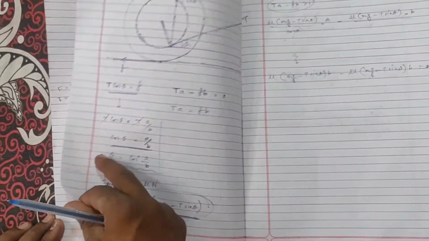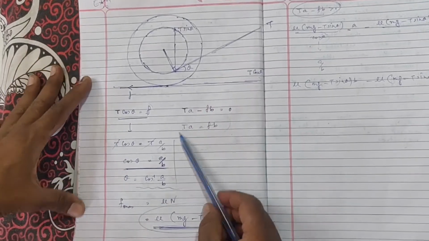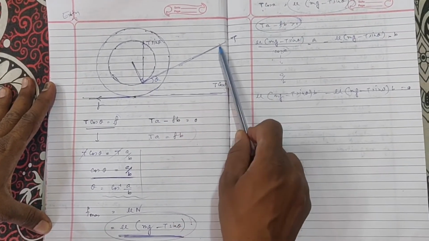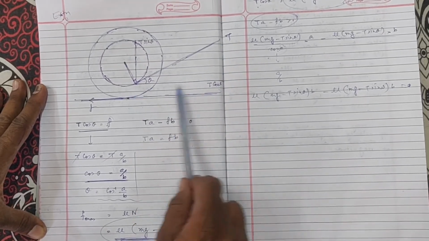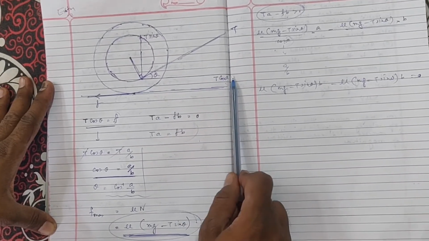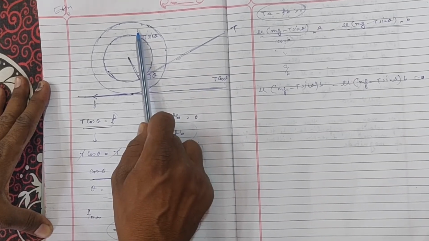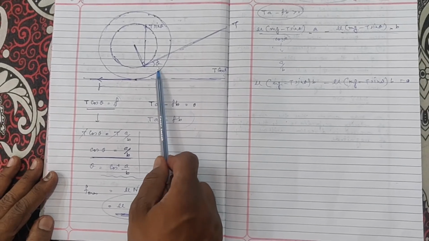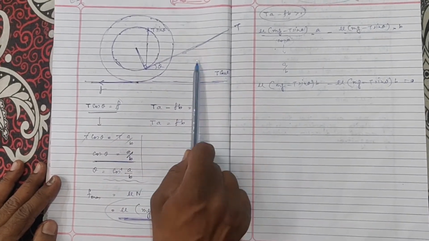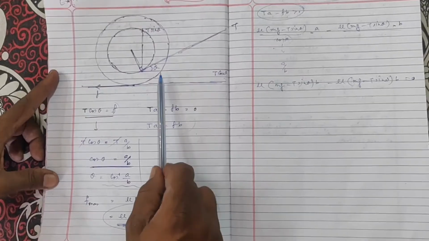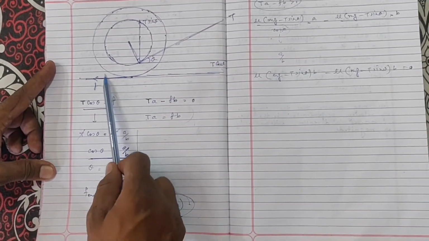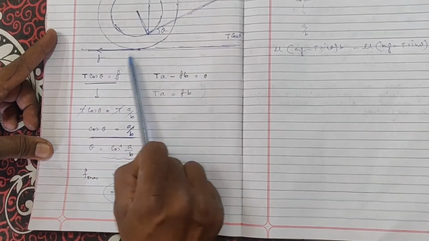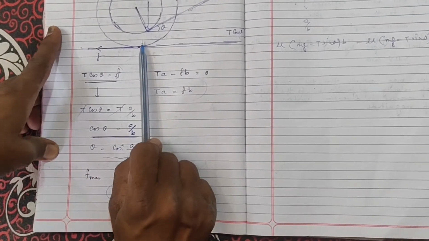Now the critical angle. Suppose we are applying force, that is tension, through the string at an angle theta with the horizon. So it has two components, T cos theta and T sin theta. We want to find the critical angle, at which it will not move in forward or backward direction. So T cos theta must be balanced by frictional force, and at that instant the torque should be 0.